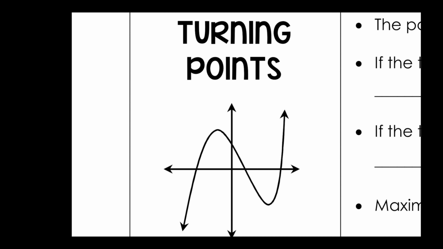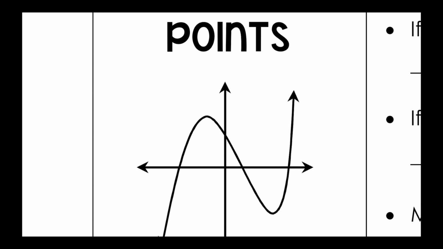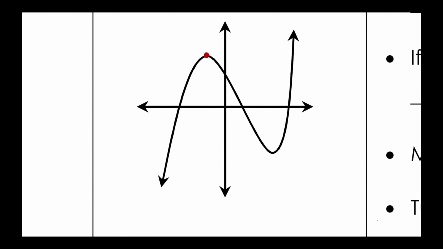Someone asked, is it when it begins to curve? Yes, a turning point is exactly that. When it turns, you see, when it changes from, and I love that you guys notice this, the graph right here is increasing. And now what's the graph doing after this turning point?